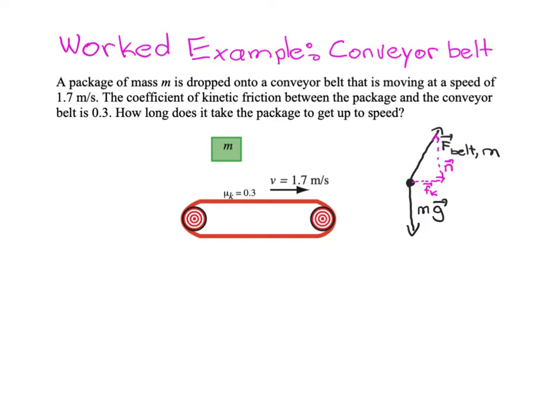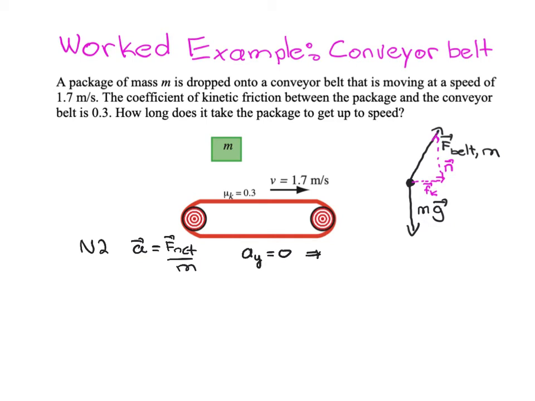And of course, the next step is to apply Newton's second law. So we know that the acceleration of our mass is given by the net force on the mass divided by the mass. And in the vertical direction, which we'll call the y direction, the acceleration is, of course, zero.